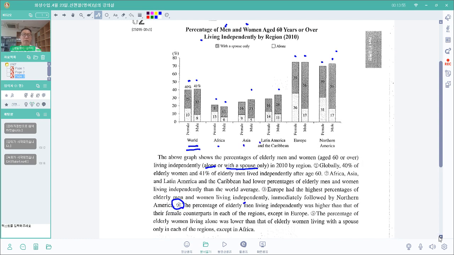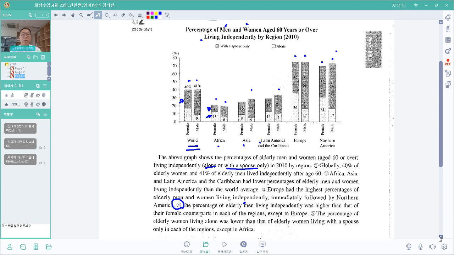And the percentage of elderly women living alone was lower than that of elderly women living with a spouse only in each of the regions except Africa. So here, female living with a spouse and female living independently alone.